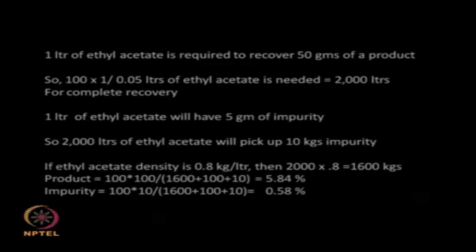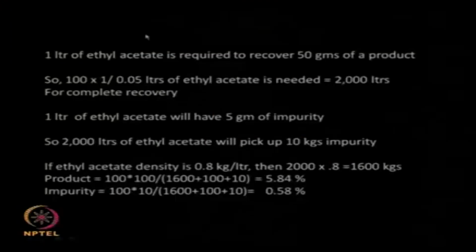This is a theoretical value, actually an ideal condition. Generally there is always an efficiency; even if you add 2000 liters you might not be able to recover all the 100 kg because of real partitioning, because of miscibility problems, because you do not give enough time for the solvent to come in complete contact with the product.